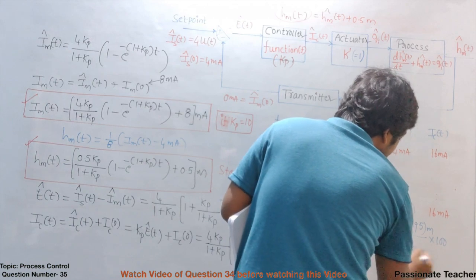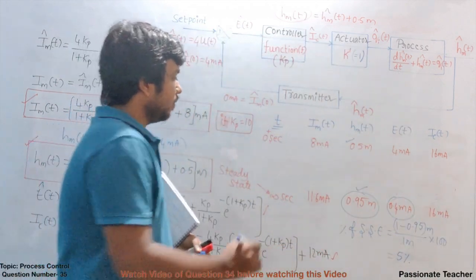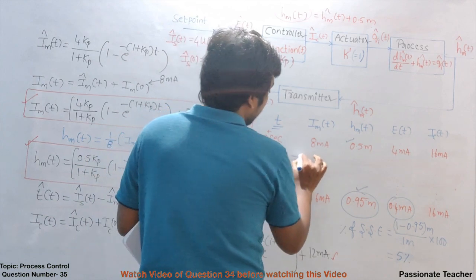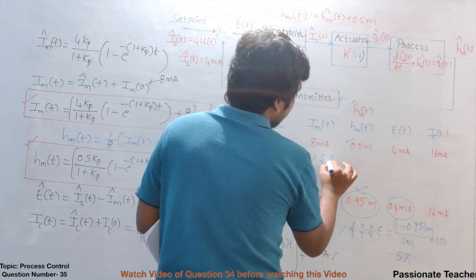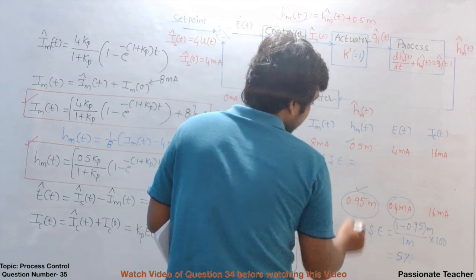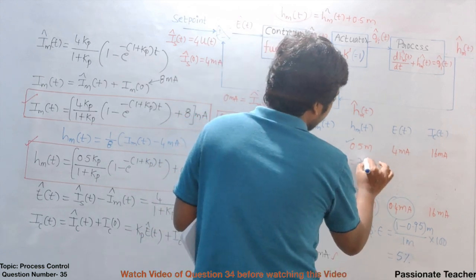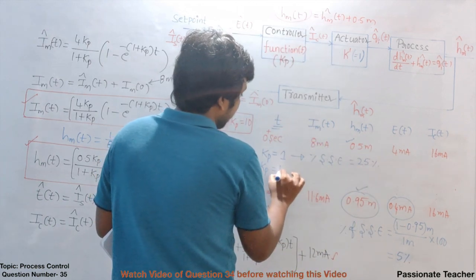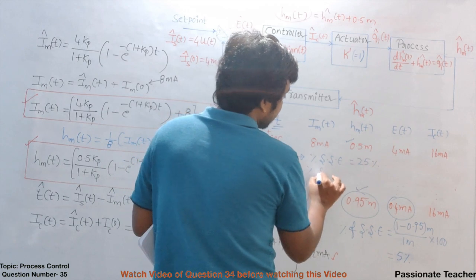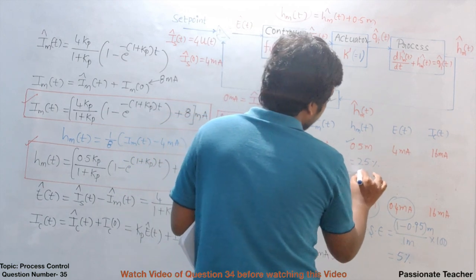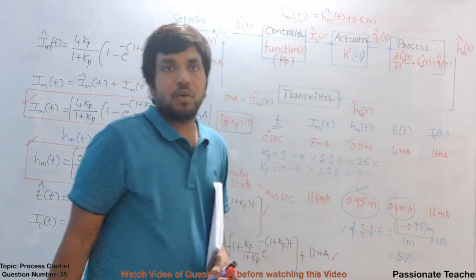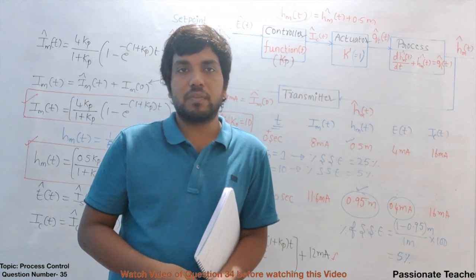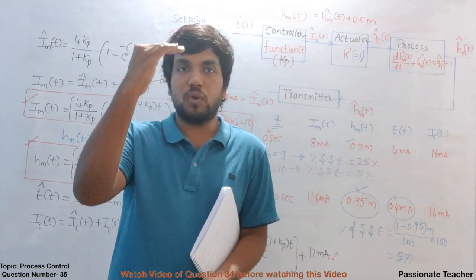So in this particular case, when we use Kp equal to 1, the percentage of steady state error was equal to how much? 25%. But when we use Kp equal to 10, the percentage of steady state error is coming to be equal to 5%. Clear? So this means that if the gain is increased, there is a chance that the steady state error is going to decrease.